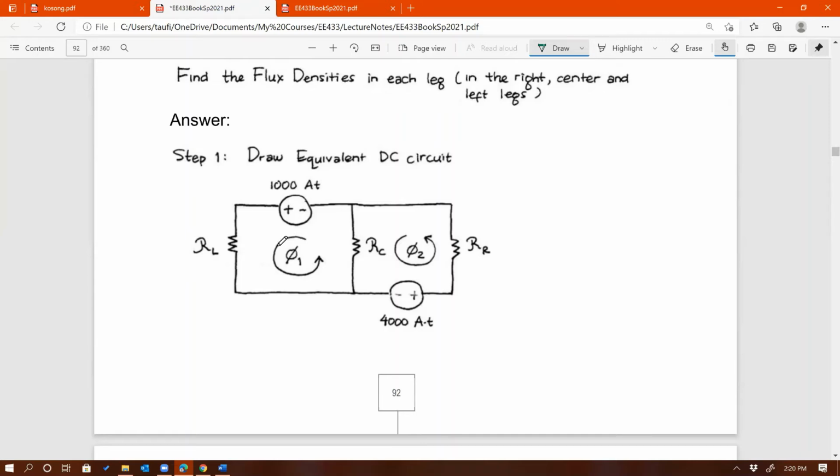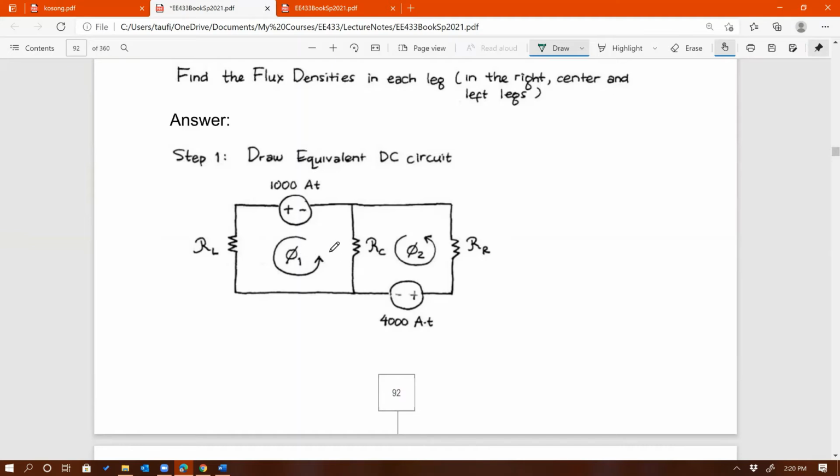So I'm going to assume that the flux, which is equivalent to our current, is going counterclockwise on the left-hand loop. And then the second flux on the right-hand loop, I'm going to assume that that's going to flow counterclockwise as well. Okay. Does it have to be counterclockwise?